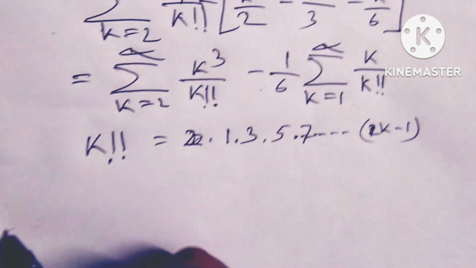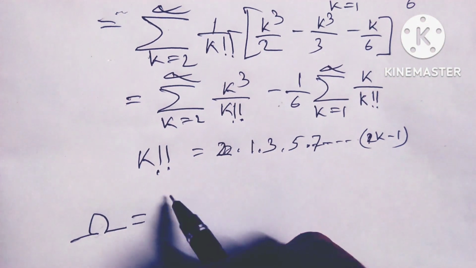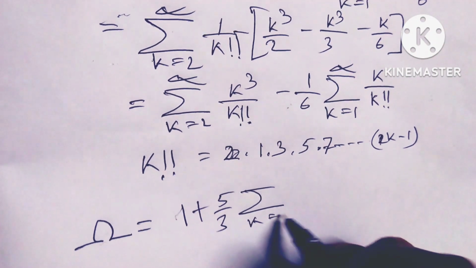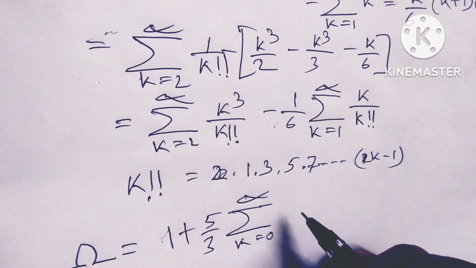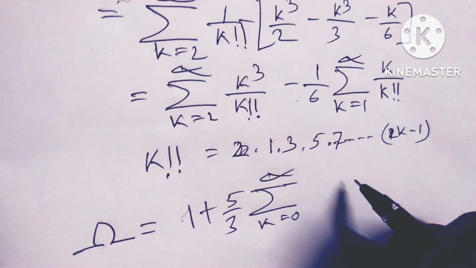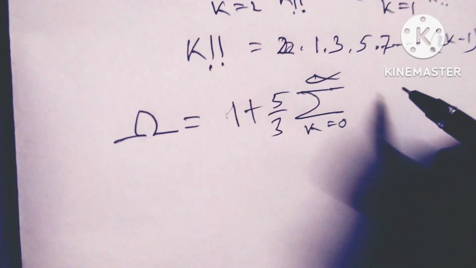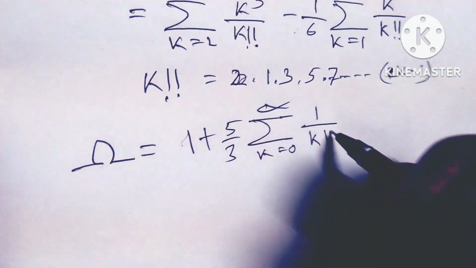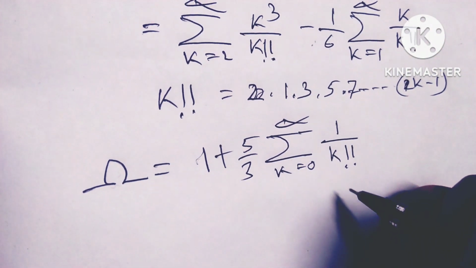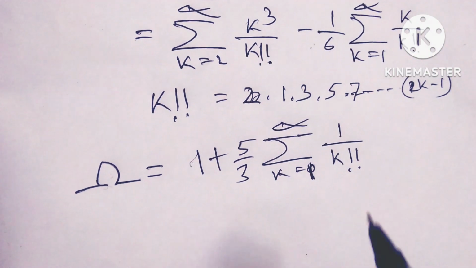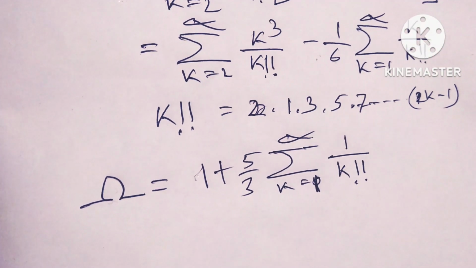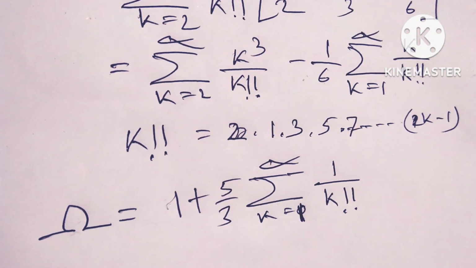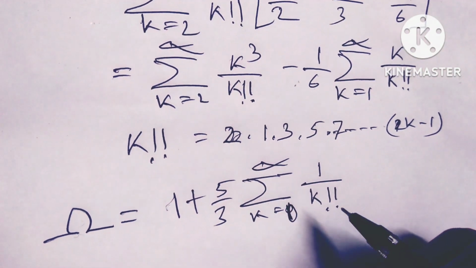So this omega can be written as 1 plus 5 by 3 summation k equals 0 to infinity, 1 by k double factorial. Yes, k equals 0, no problem.